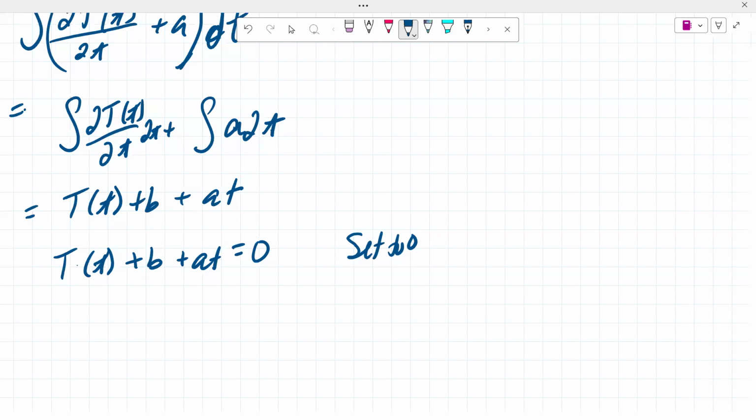Yeah, okay, those should be pluses. Okay, this is true if and only if A equals 0 and B equals 0.